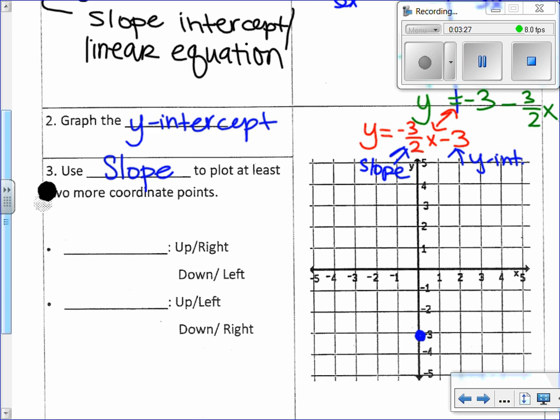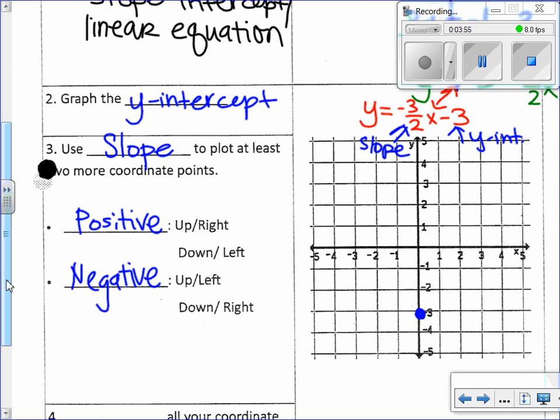So one thing you have to know, if it's a positive slope, you go up and to the right and down to the left, to cause it to go upward. If it's negative slope, you're going to go up to the left or down to the right. If you like to go up, you can go up. If you like to go down, you can go down. It's completely up to you. Everybody with me?